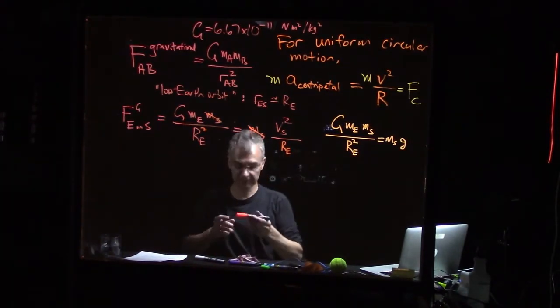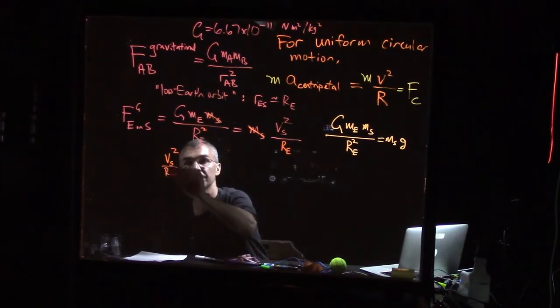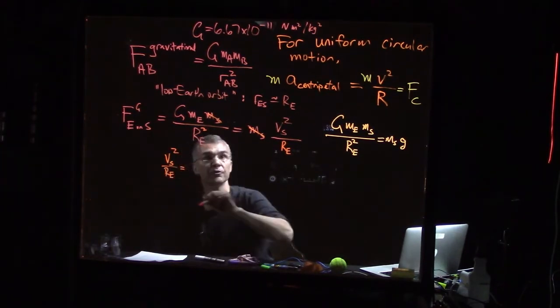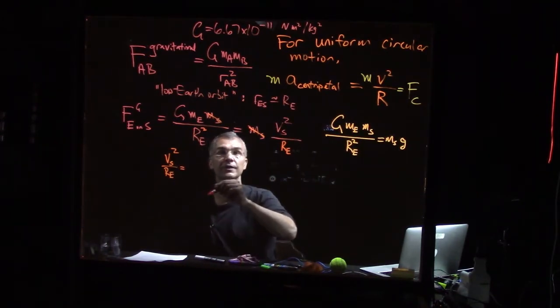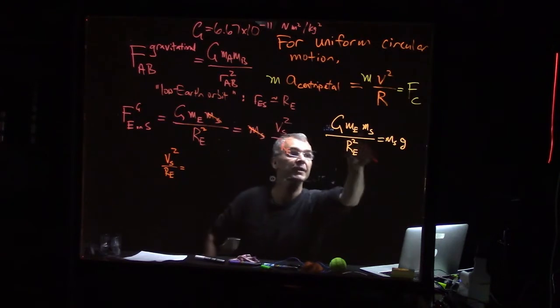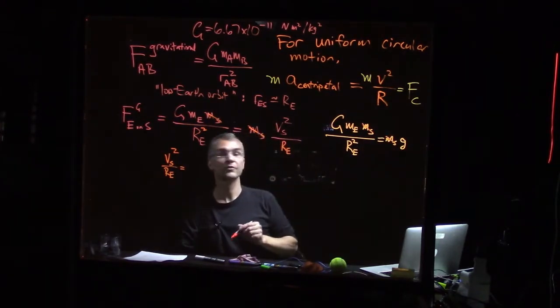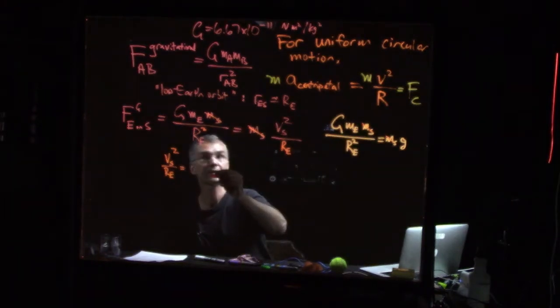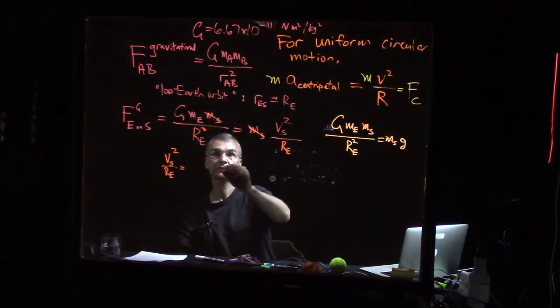Then I think we're saying that the velocity of the satellite squared divided by Earth's radius, this is for low Earth orbit, just equals, yeah, see the m's cancel here. If we wanted to, we can cancel the m's there. So then this just equals little g.